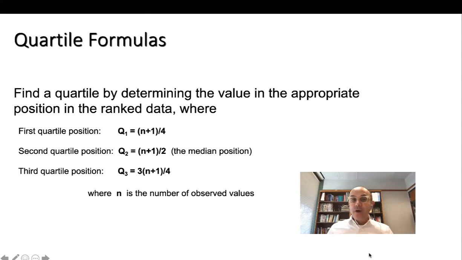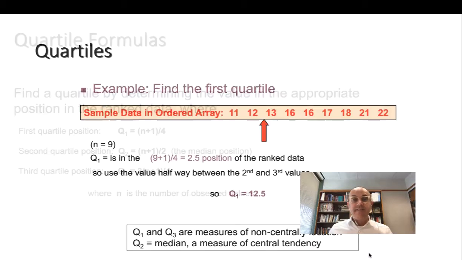The formula for quartiles is: Q1 equals n plus 1 divided by 4. Q2 is n plus 1 divided by 2. And Q3 is 3 multiplied by n plus 1 divided by 4. N is the number of observed values.